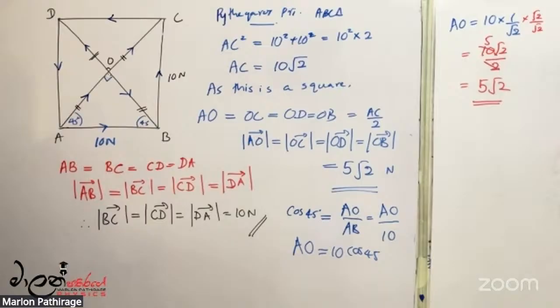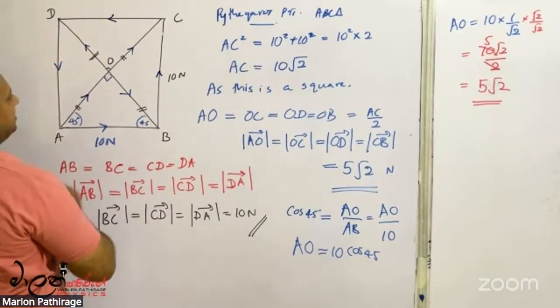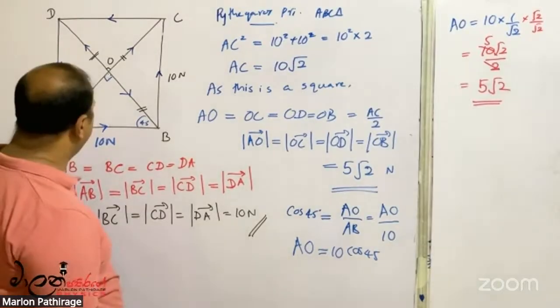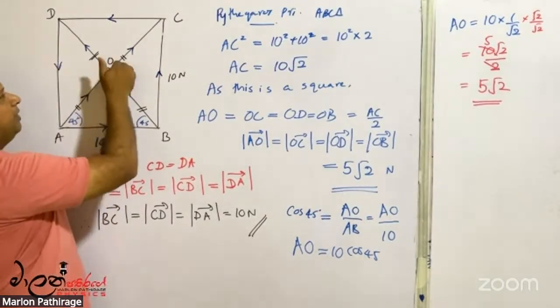What are the equal vectors and negative vectors? Equal vectors. These two are negative vectors. Therefore, no need to worry about that. There is only one equal vector pair. That is AO and OC.